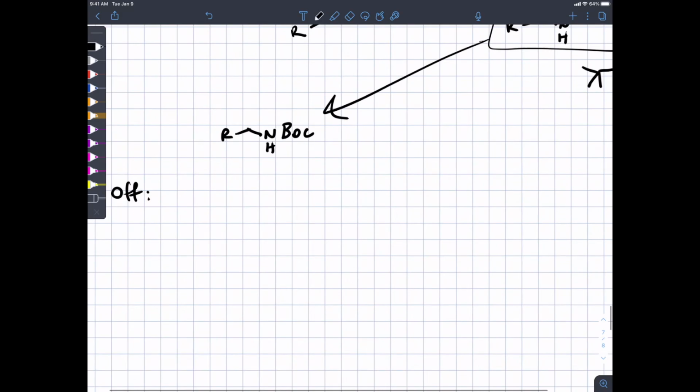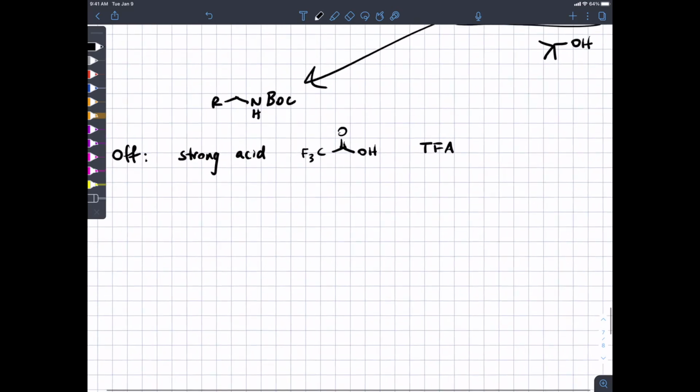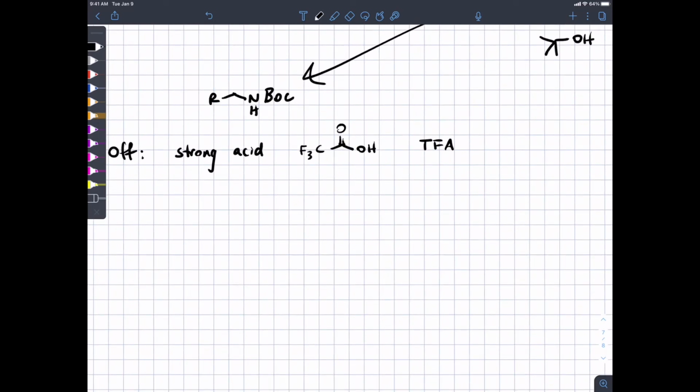So the conditions for removing Boc are strong acid conditions, and the acid of choice is usually trifluoroacetic acid, or TFA. And what does this do? Well, let's see.